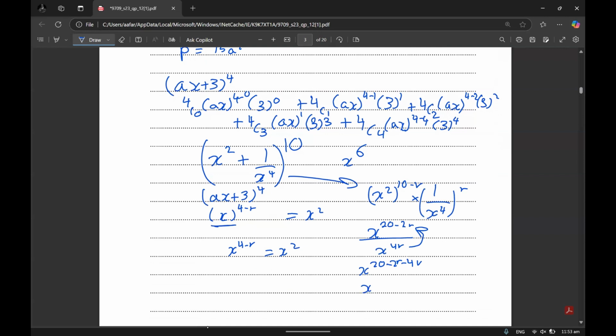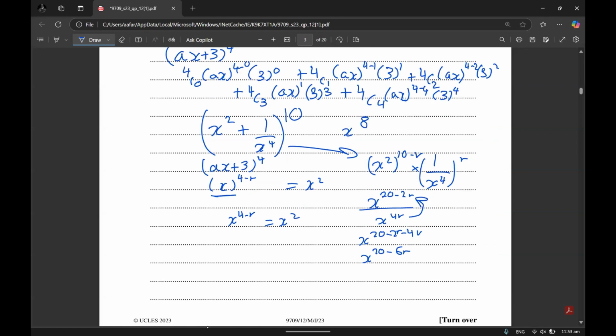So we get x^(20 minus 6r). Let's say in this question we need to find the coefficient of x power 8. So we'll equate this with x power 8, and then those two become equated. 20 minus 6r is equal to 8. Then you get 6r is equal to 12. Then you get r is equal to 2.